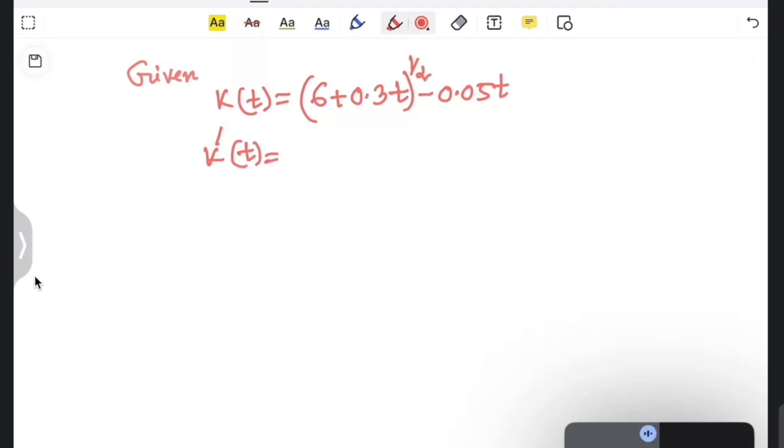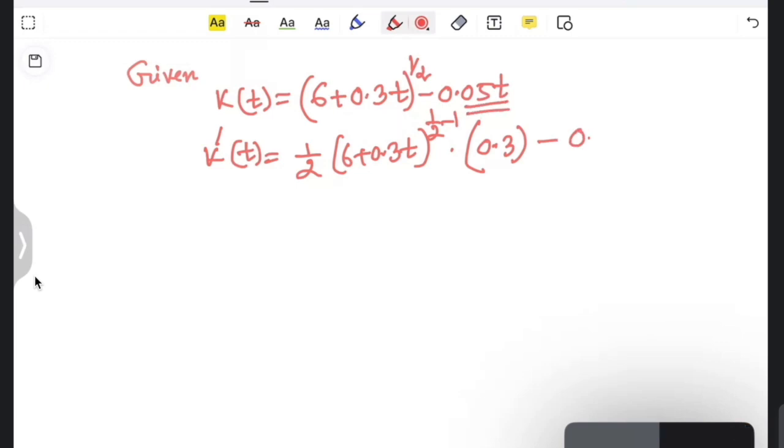That will be half (6 plus 0.3t) to the power half minus 1, into the derivative of 6 plus 0.3t, which is 0.3, minus the derivative of this one, which is 0.05.